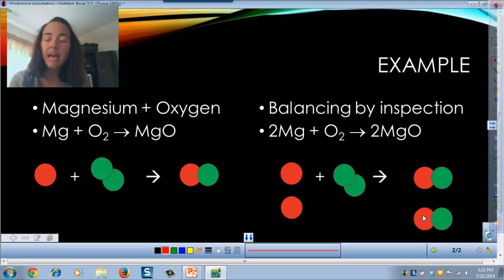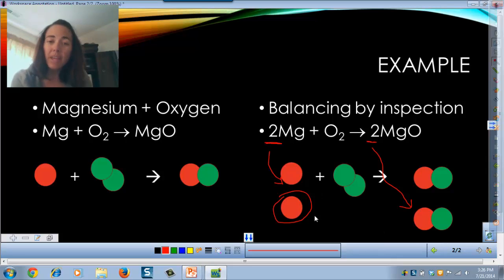Well, because I have balanced the oxygens now, the magnesiums are off. So I've also gone over here and added 1 more magnesium. You can see I've indicated that with that coefficient of 2. That is that atom down there. The coefficient of 2 here represents this molecule here.